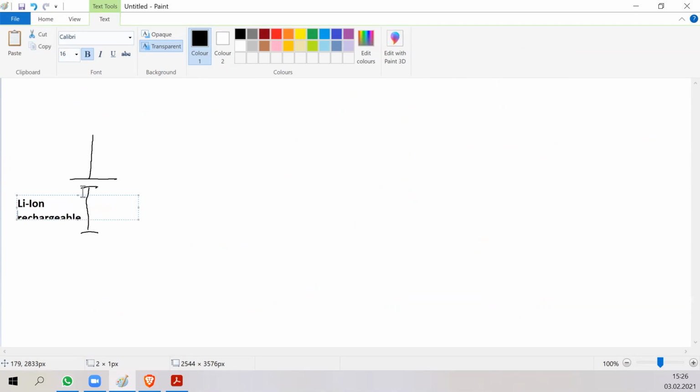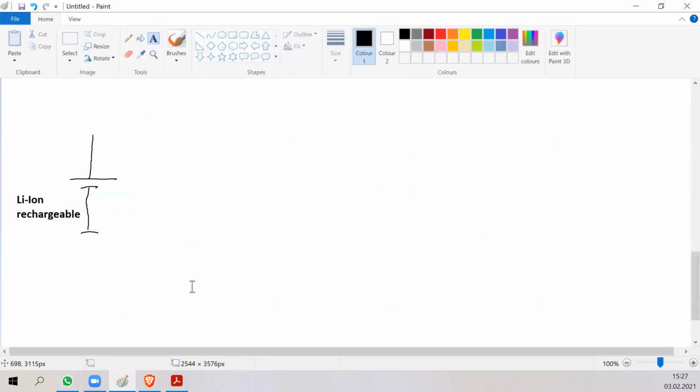What is the voltage of a rechargeable lithium ion battery? Can you tell me? 3.7. Yes, 3.7 is the nominal voltage.